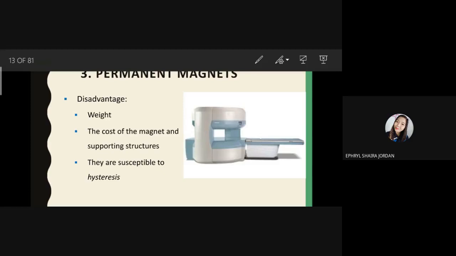Here you have two magnets, sa taas and sa baba. So, to increase the strength of this permanent magnet, you have to decrease the gap between the two magnets.